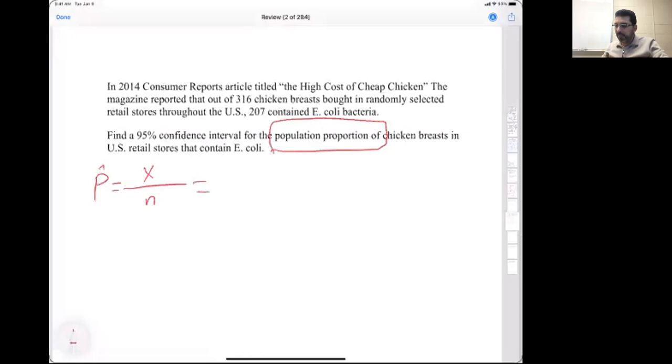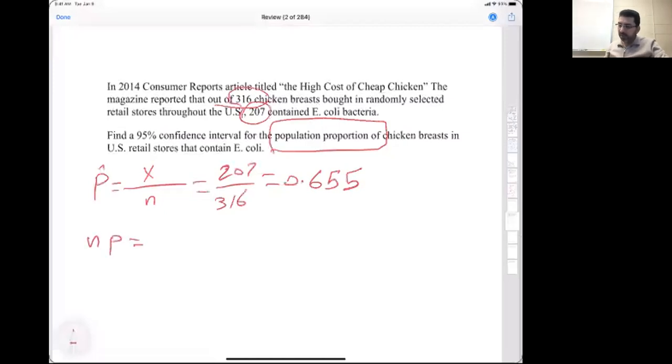From the scenario, the sample size is 316, and from this random sample, we found 207 contain E. coli bacteria. So the estimated sample proportion, p hat, is 0.655.